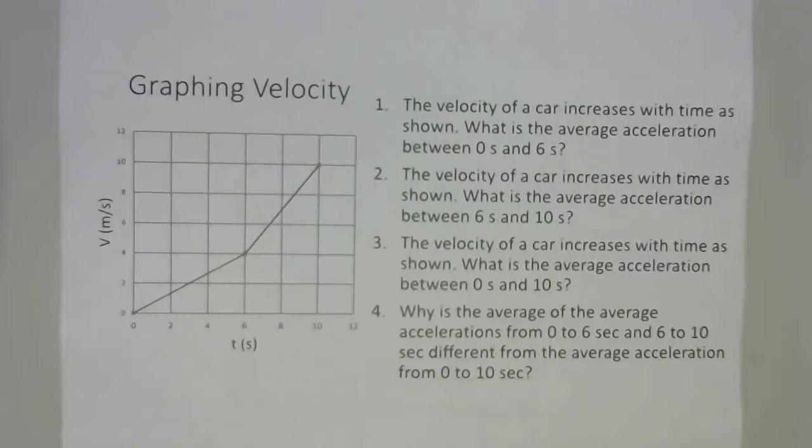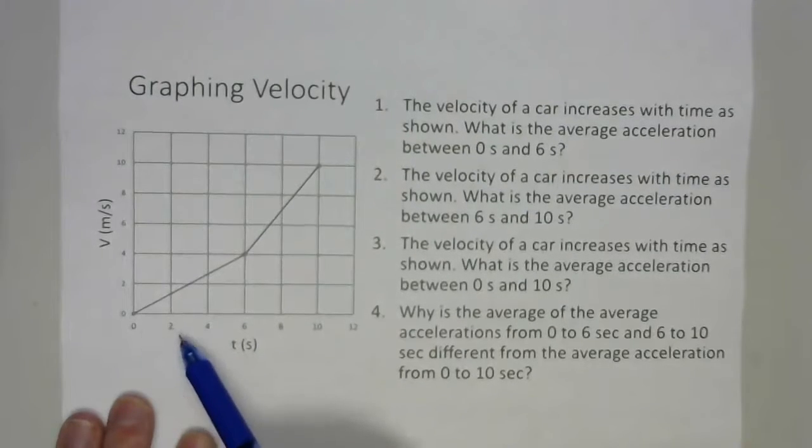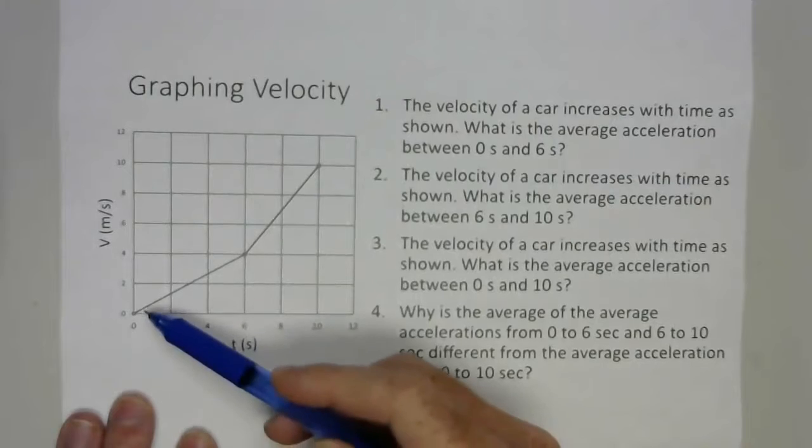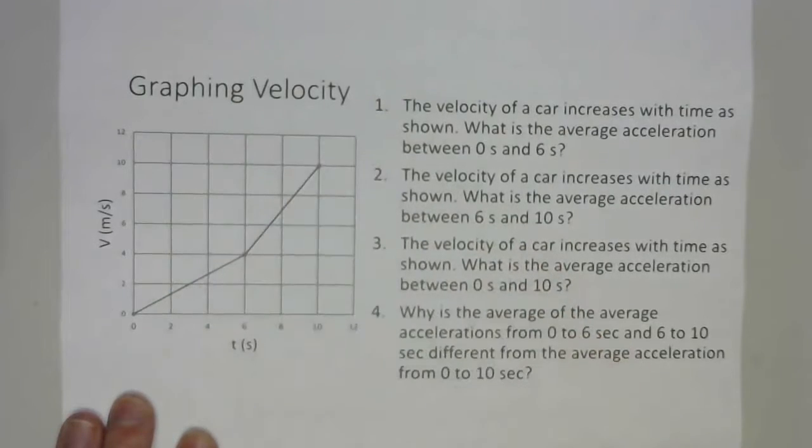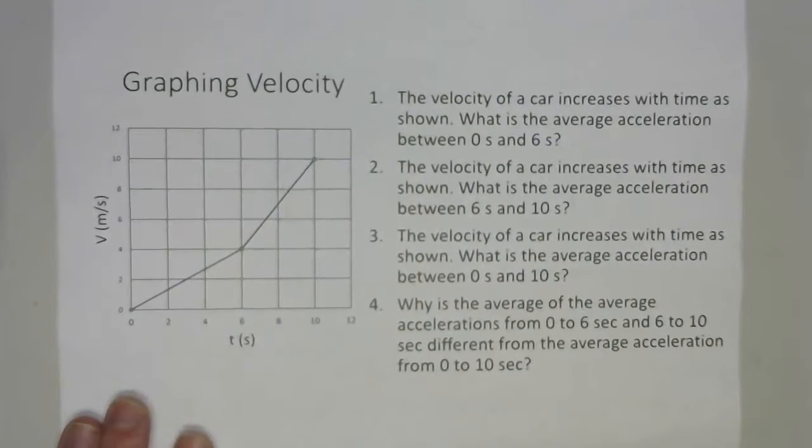Now let's look at an example with some numbers. We've got time intervals on the x-axis at 2-second intervals and velocities on the y-axis at 2 meter per second intervals. And so we'll have to bring in some white paper so we can actually run some calculations.